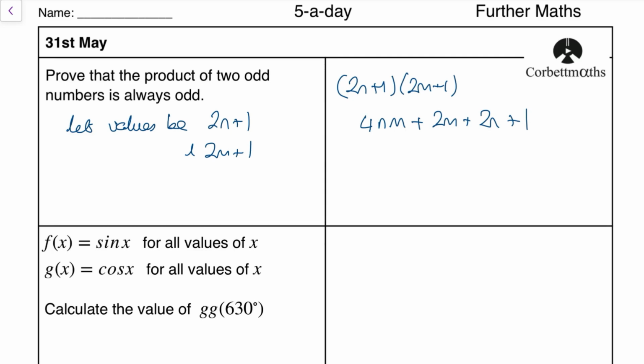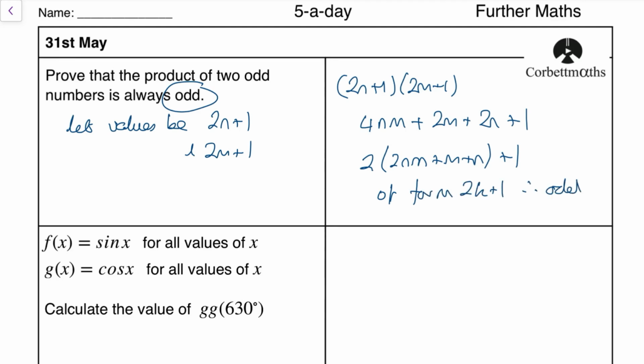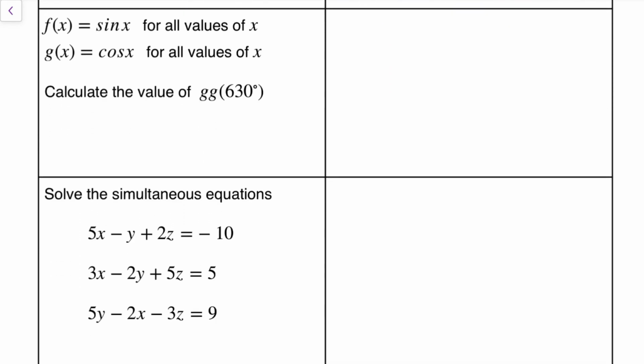Go back: prove it's odd. So I need to write this in the form 2(2mn plus m plus n) plus 1, and I'm just going to say of form 2k plus 1, therefore odd. And that will do. Bit more rigor needed at A level, but that's fine for further maths.